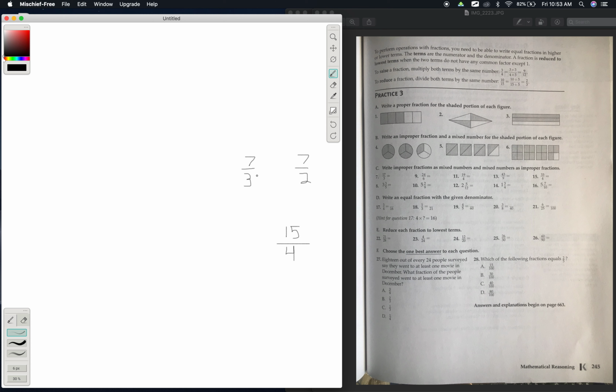So let's do this. Basically we have to divide this. 3 goes into 7 how many times? Well, 2 times, and that equals 6. But 6 doesn't equal 7 evenly.